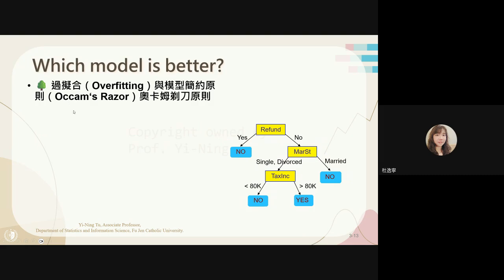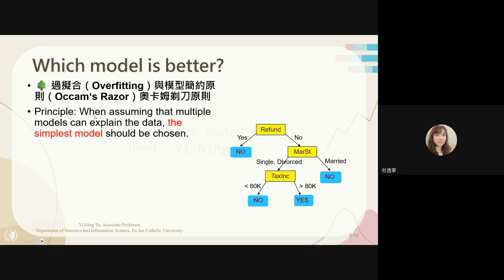The overfitting and Occam's razor principle tells us that when multiple models can explain the data, the simplest model should be chosen. Simplest model, simple is important. But which one is simple?